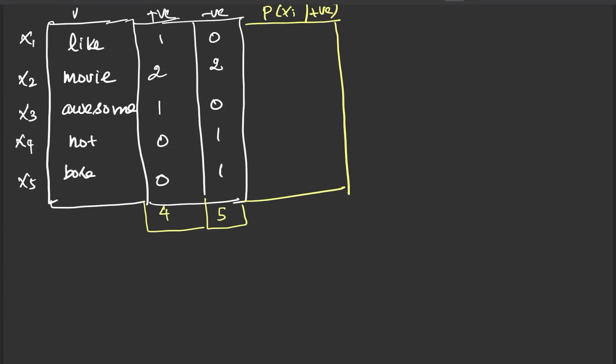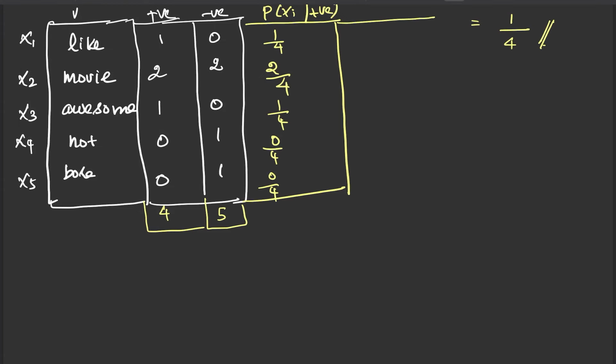How do we calculate this probability score? The probability score is the number of counts for like, how many times it appeared, 1 time in the positive class, divided by the total number of words in the positive class, which is 4. This is how we calculate the probability. So this value would become 1 by 4, and the next ones are 2 by 4, 1 by 4, 0 by 4, 0 by 4.